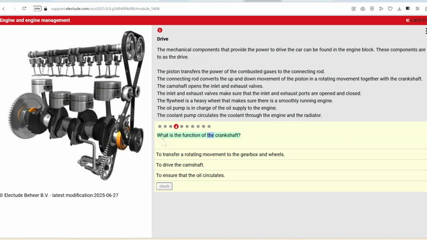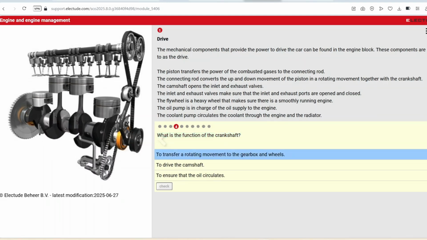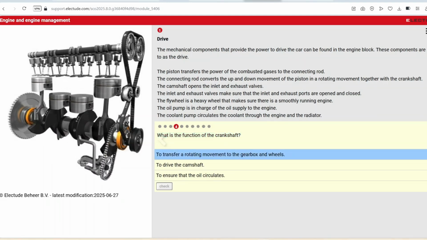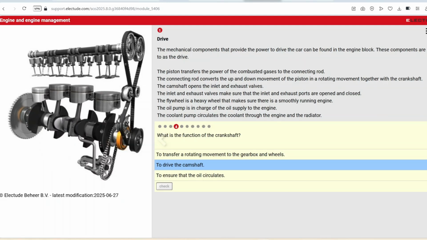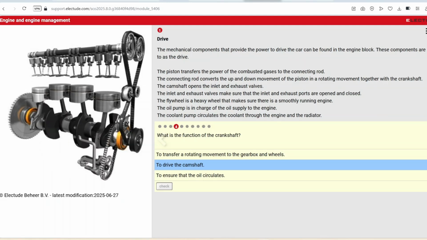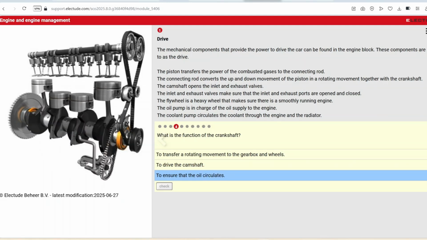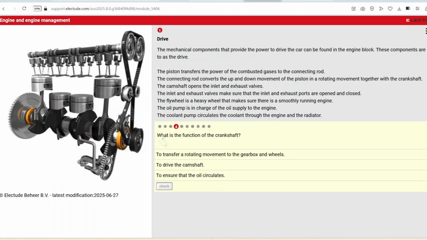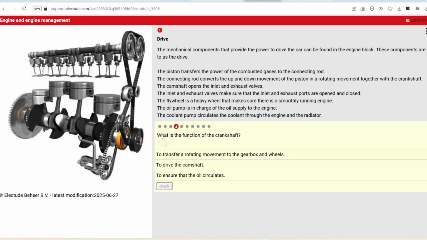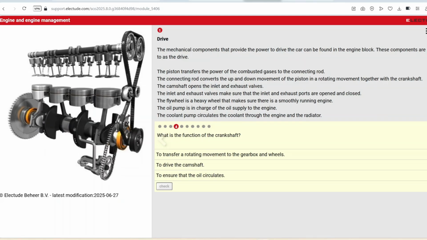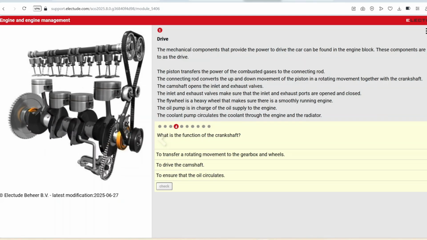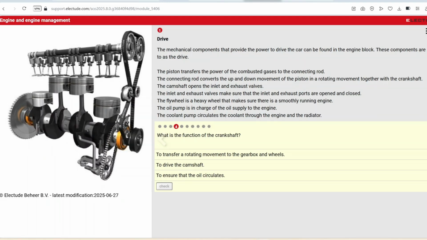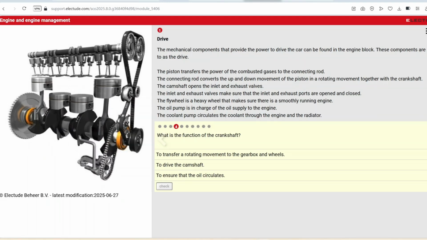What is the function of the crankshaft? To transfer a rotating movement to the gearbox and wheels. To drive the camshaft. To ensure that the oil circulates. I believe the first answer is correct.